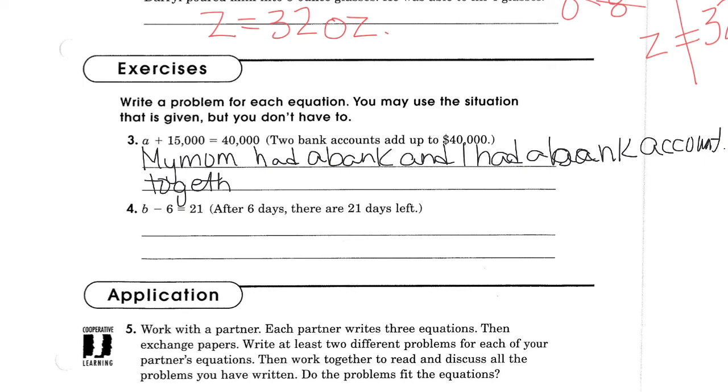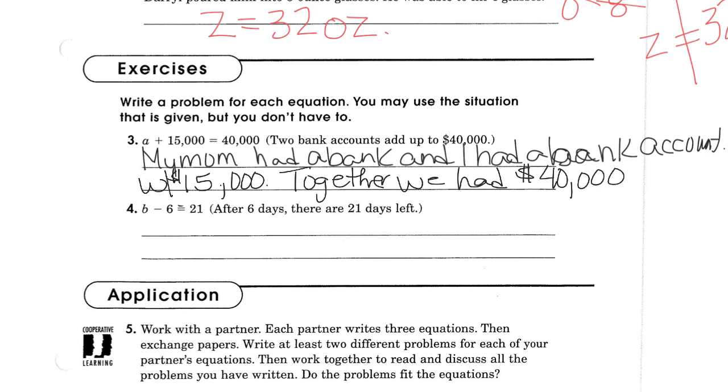I had a bank account with $15,000. I wish that was true. Together, we had $40,000. So that would be a word problem that goes with that equation.